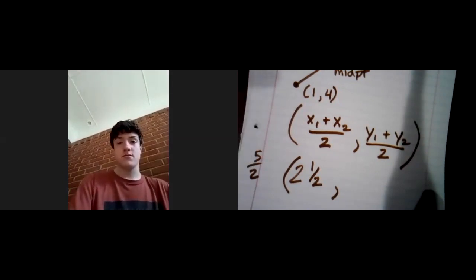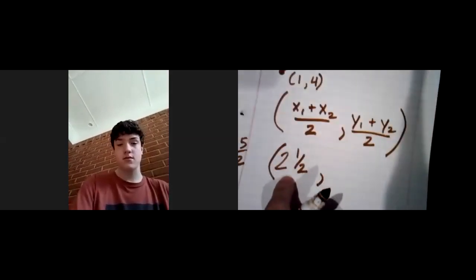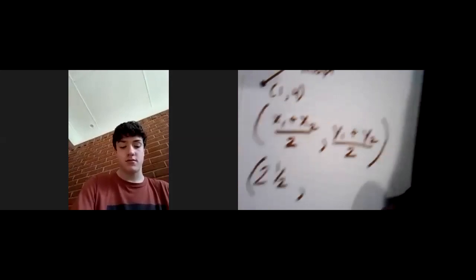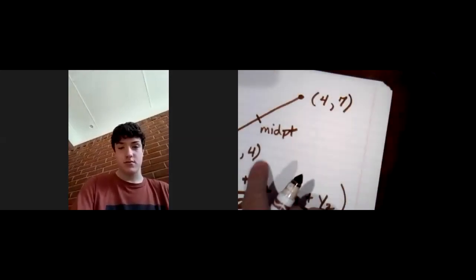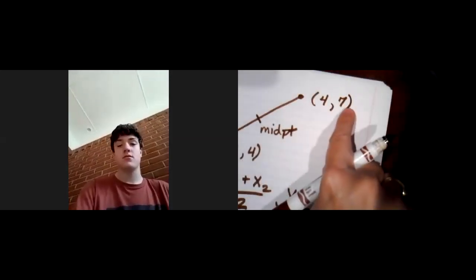It's kind of like in class whenever I've said, when do you change improper fractions? Well, when you're measuring, really when you're measuring or you're doing word problems. And this is measuring as it's distance, okay? So this is our average of our x's, okay? And then I'm going to take my y, my 4 and my 7.